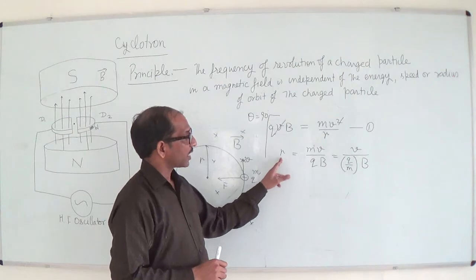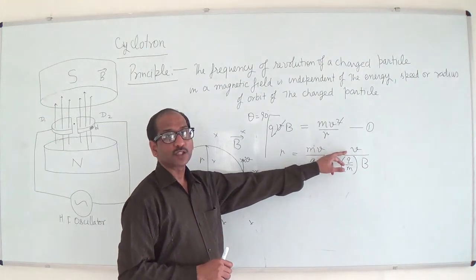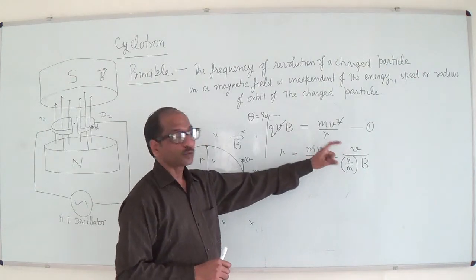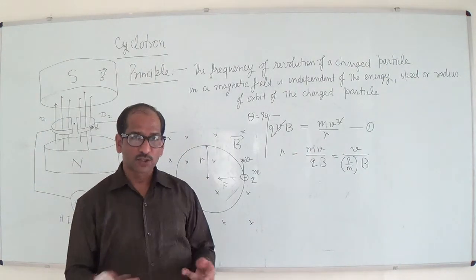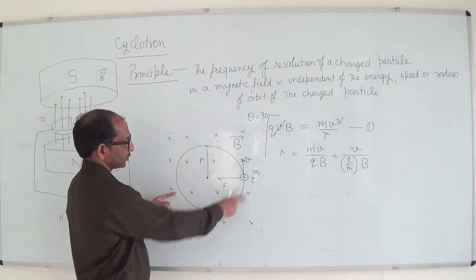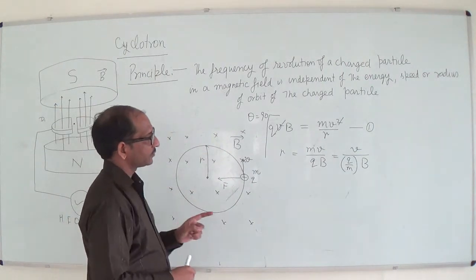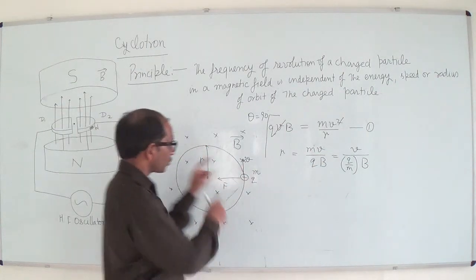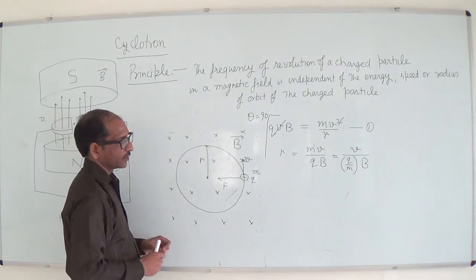So r depends directly on the velocity. r is directly proportional to the velocity. If velocity increases, the radius of the circle will increase. If velocity remains constant, the radius of this circle will remain constant.